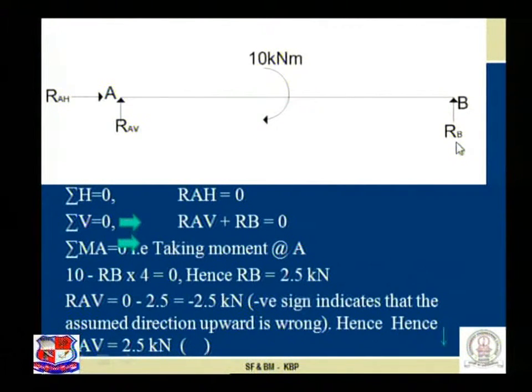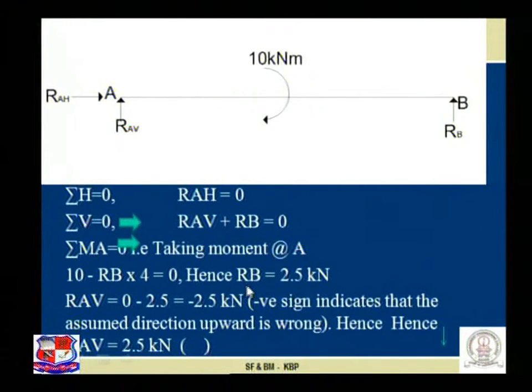Next, the load RB creates a moment at A which is anti-clockwise. So RB into the total distance of 4, so minus RB into 4 is equal to 0.